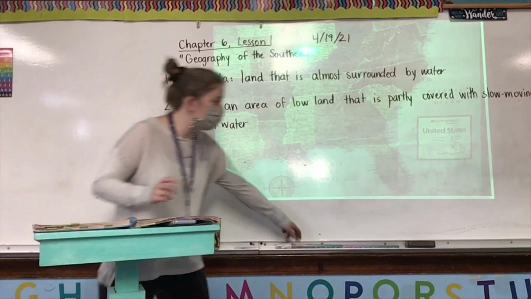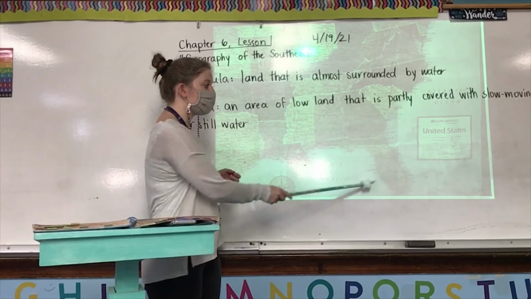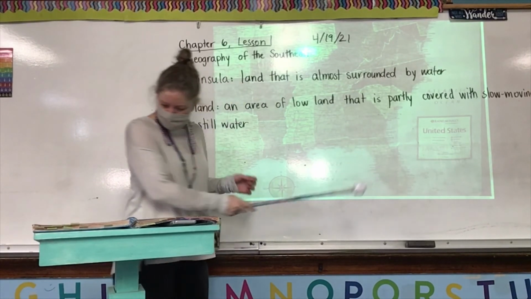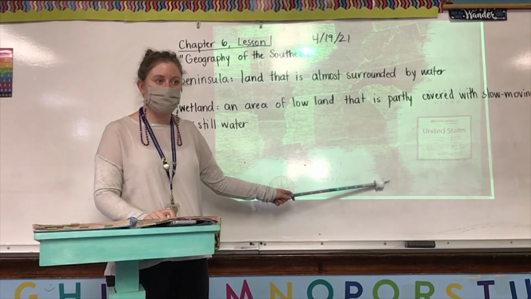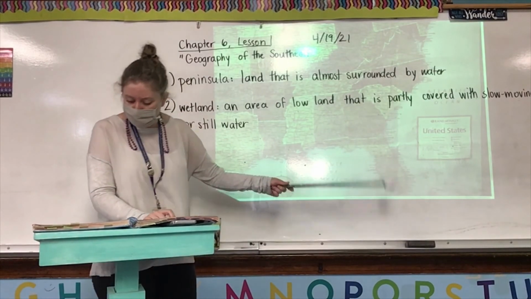So then we have the Everglades, which not only has swamps like most of this southern area, but also has marshes, and it's way down here. It is a massive national park. It covers over 1 million acres.